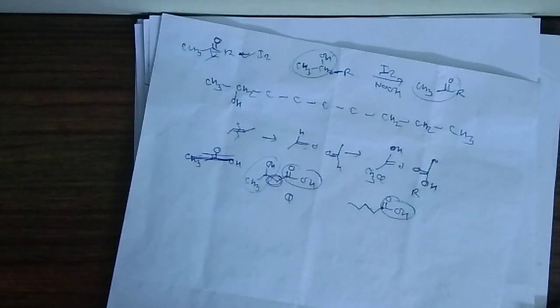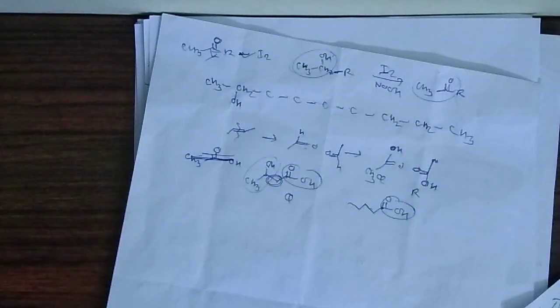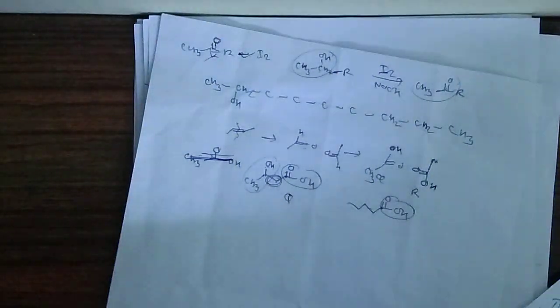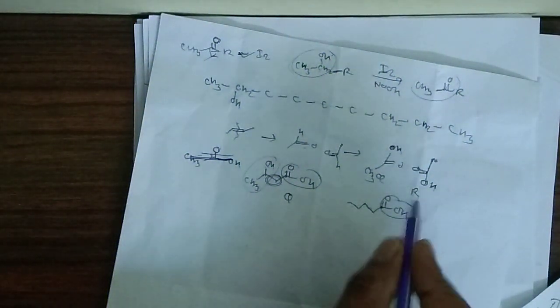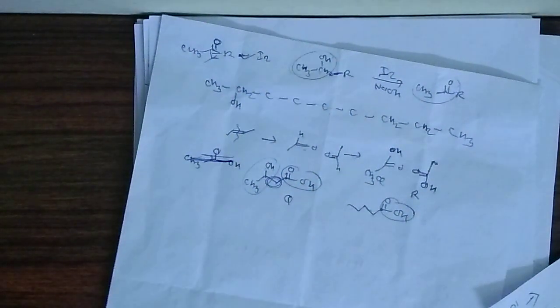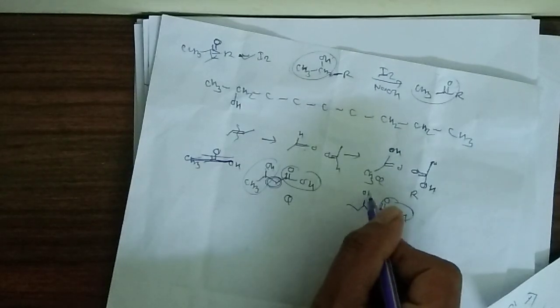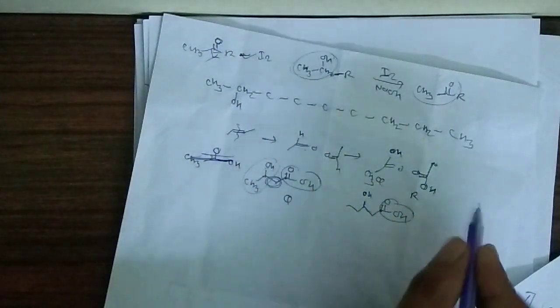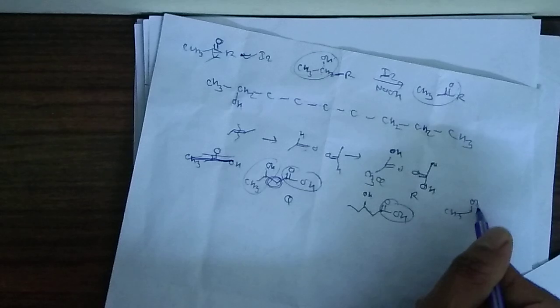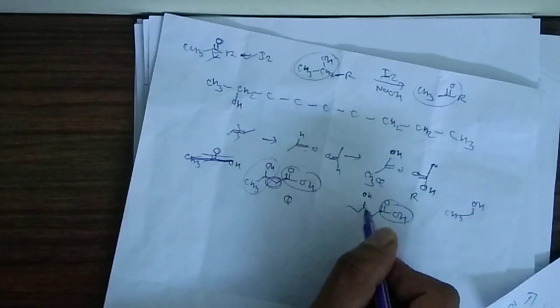Now, the question said Q and R on oxidation, means oxidation of benzoic acid is not possible. Therefore one OH should be there, with the OH group in between.